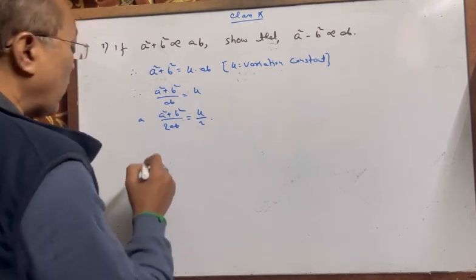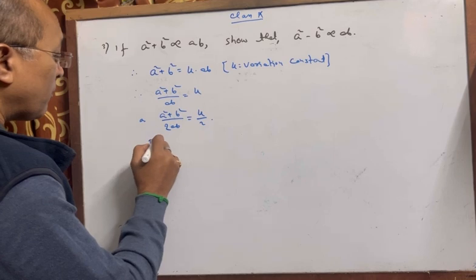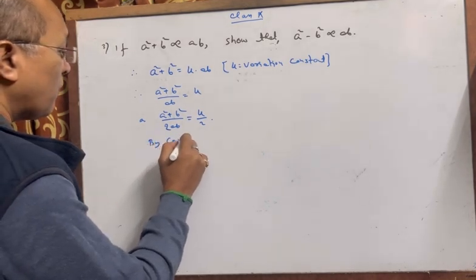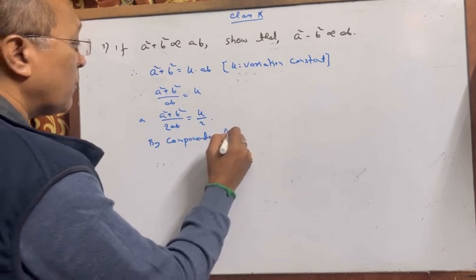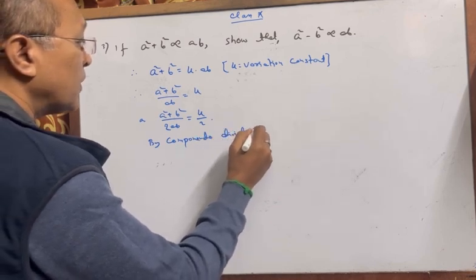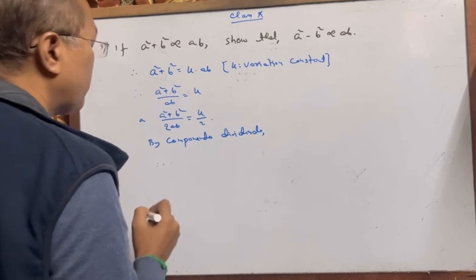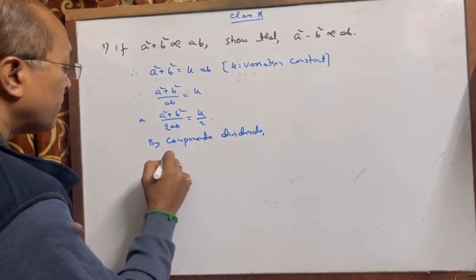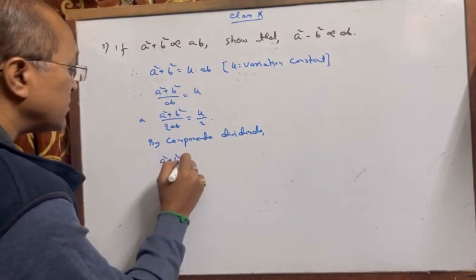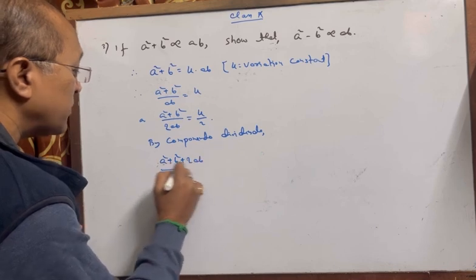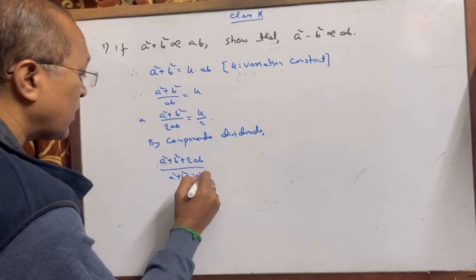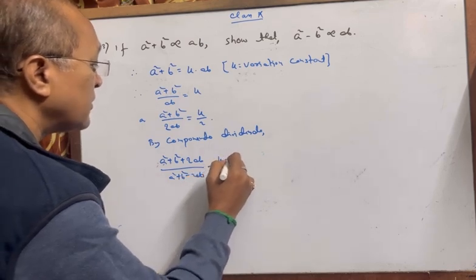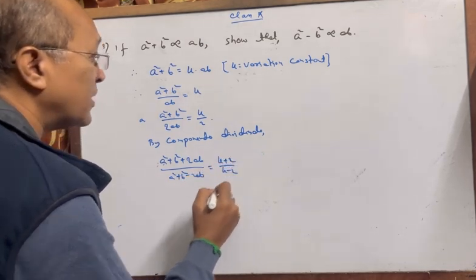Now by componendo dividendo, what we are getting? A square plus b square plus 2ab by a square plus b square minus 2ab is equal to k plus 2 by k minus 2.